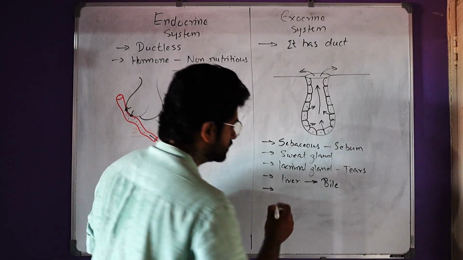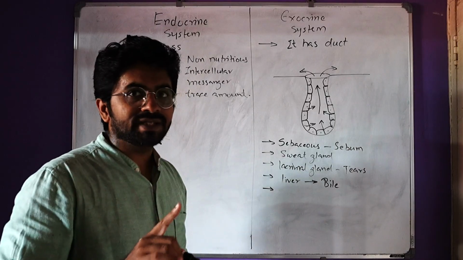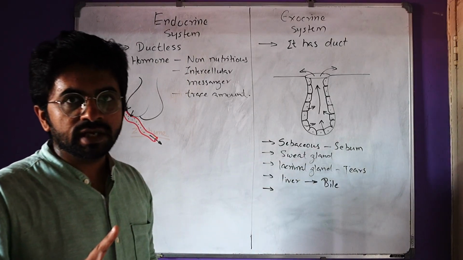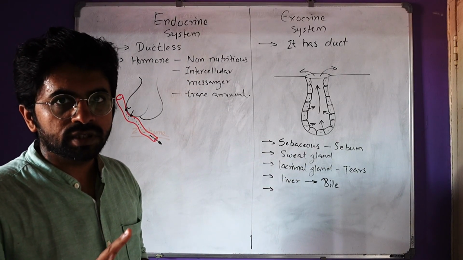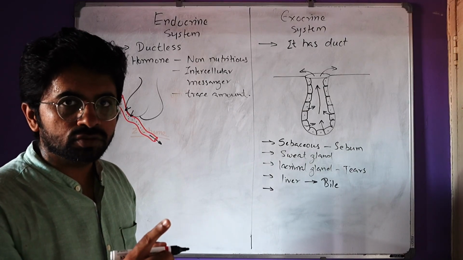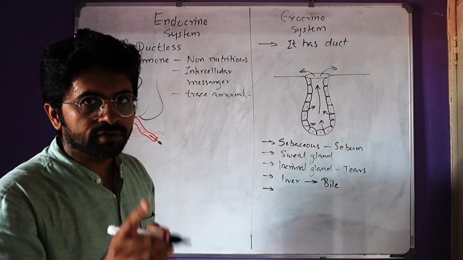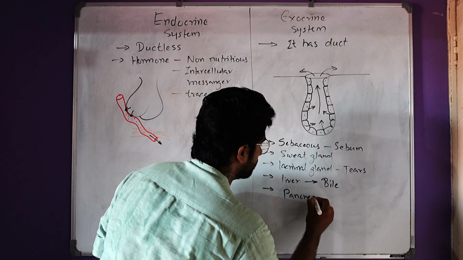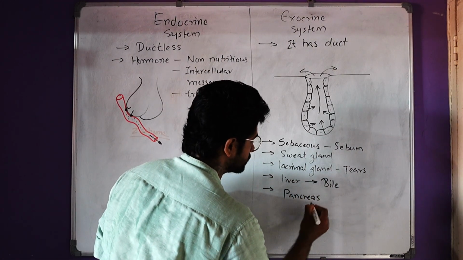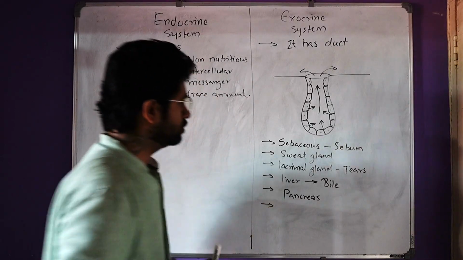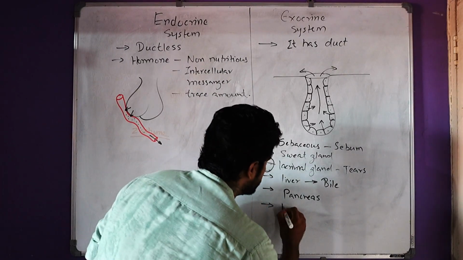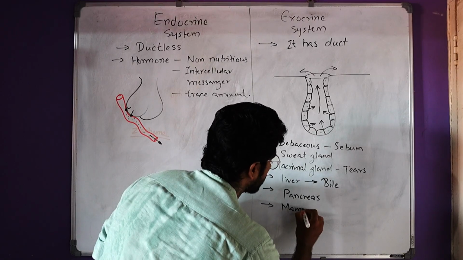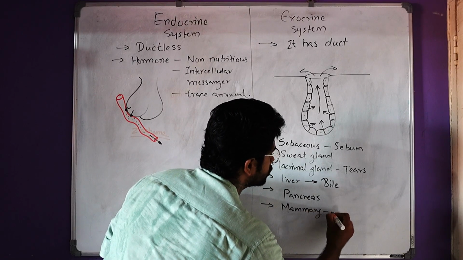Then you can say, now pay attention, pancreas is considered as heterocrine, so it has exocrine function also, endocrine function also. I will tell you about pancreas later. For now we will write it. I will come back to it later. Then there is mammary gland for the secretion of milk.